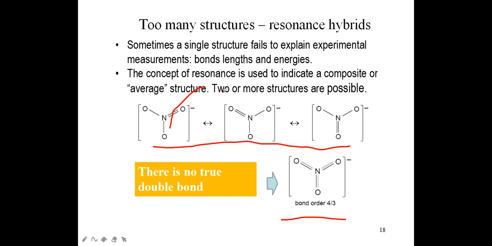Then you look at if it's possible that it can be anywhere, it simply means those are resonance structures. So you need to have a structure first for you to determine the resonance structure.